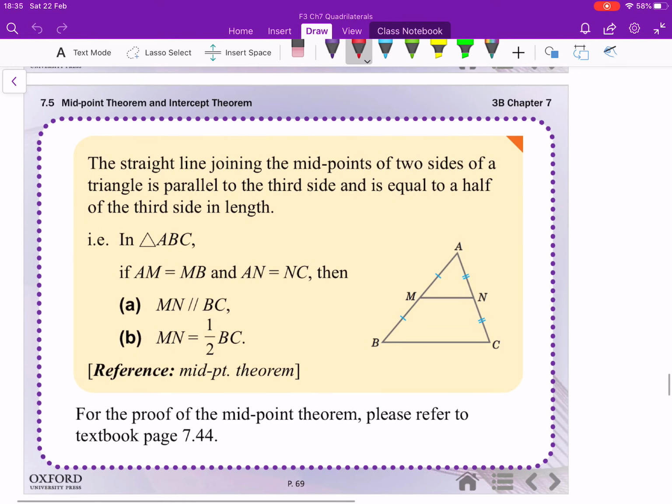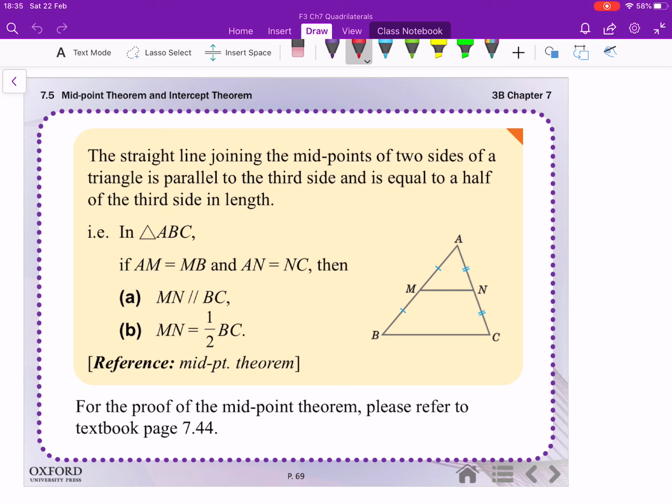The midpoint theorem means when we have a triangle, for example triangle ABC, the line joining two midpoints, we have two results. The first one, it is parallel to the base, the last side of the triangle. Second, the length of it will be half of the base of the triangle.